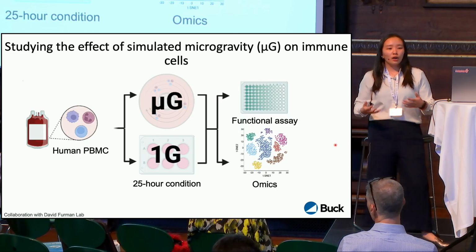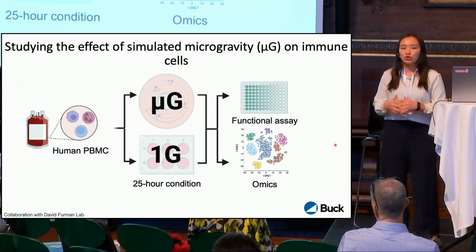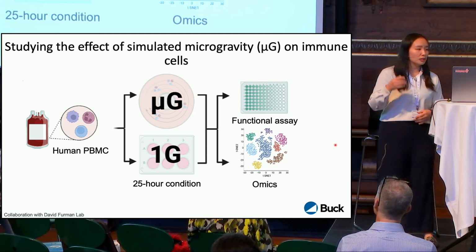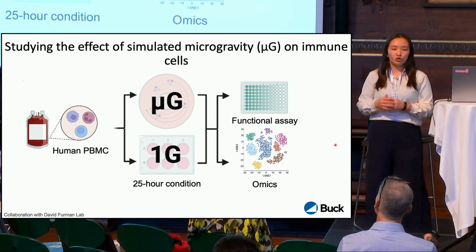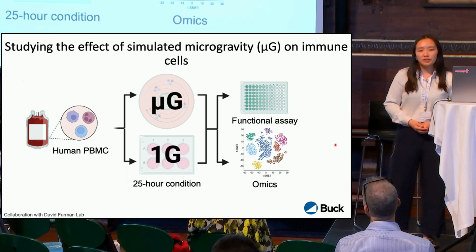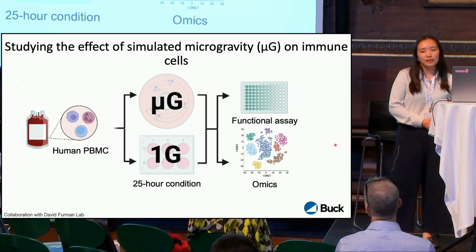So we took fresh human blood, and we extracted the immune cells within the blood, PBMCs, and we subjected the cells to either microgravity or traditional 1G culture for 25 hours. And after that, we took functional assays, and we also performed omics.